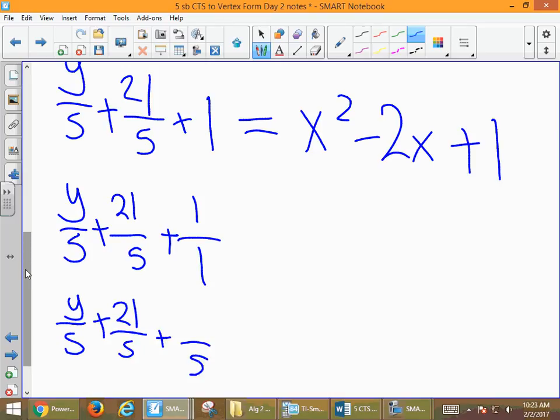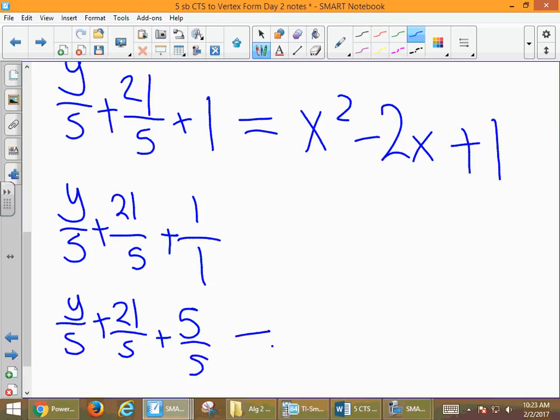And we got the 5 as our common denominator by multiplying it. But if we multiply the denominator by 5, we have to multiply the numerator by 5 to keep it the same number. So we have 5 over 5, which should be the same as 1, like we started with. And now we can add these two together.